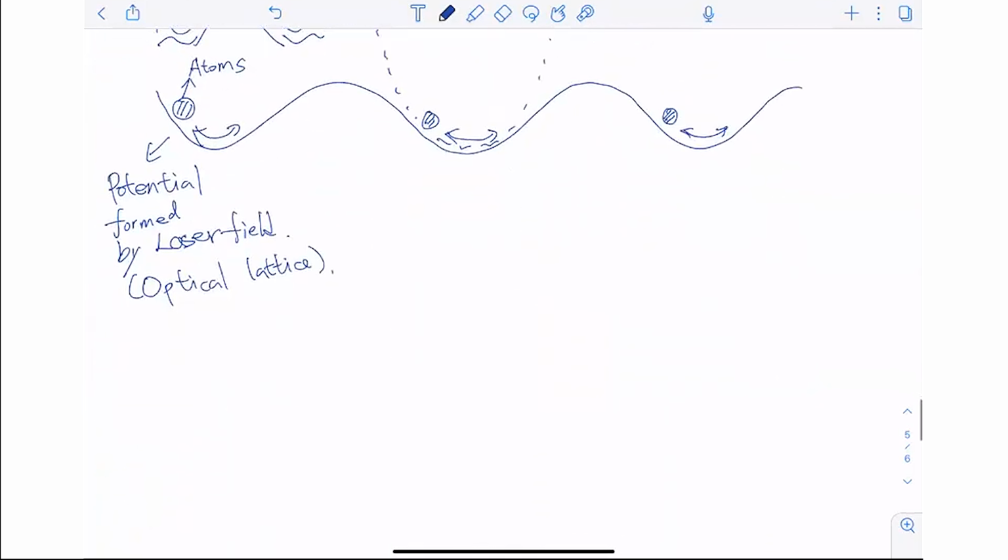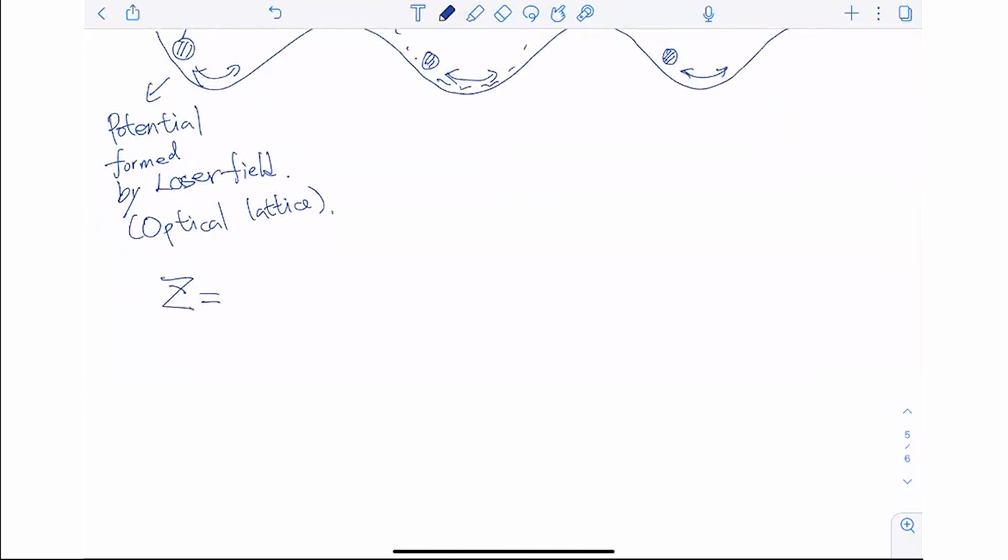Okay, so now we should be able to write down the partition function for this system. The partition function of this system is described like this.